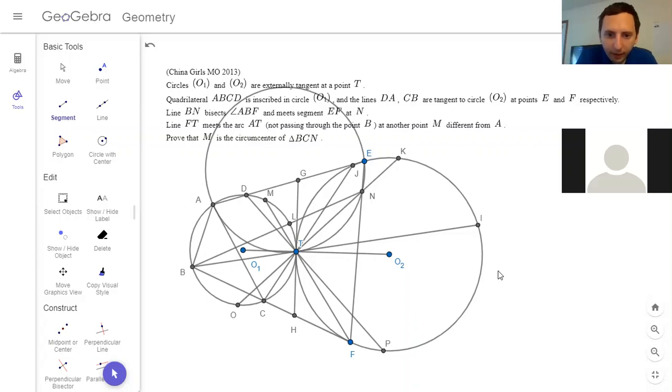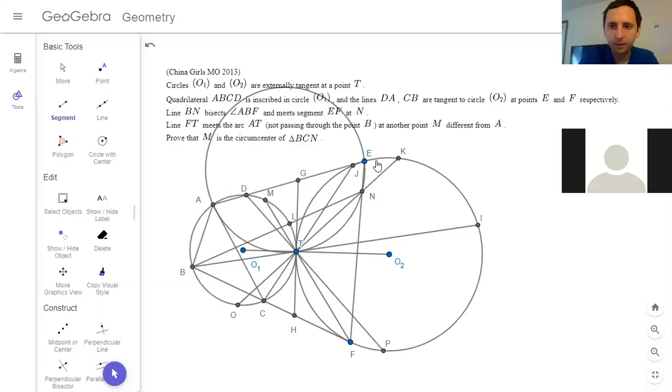It's equivalent to KP is parallel to EF. But KP is parallel to DO. I don't know if that helps. So DO we want to show is parallel to EF, but E is the tangent from D. Oh no, because OT and E aren't collinear.